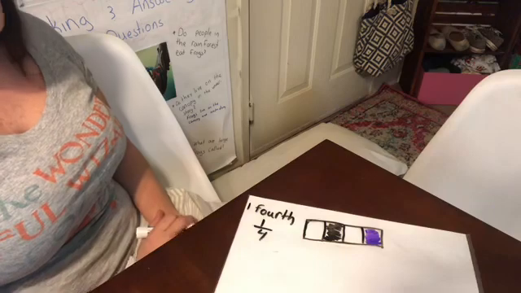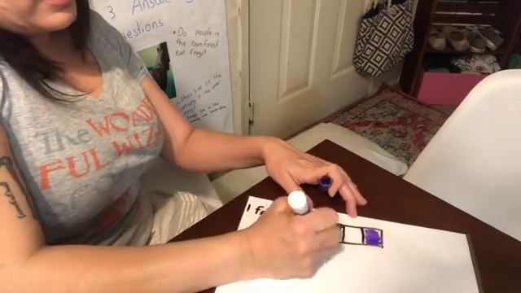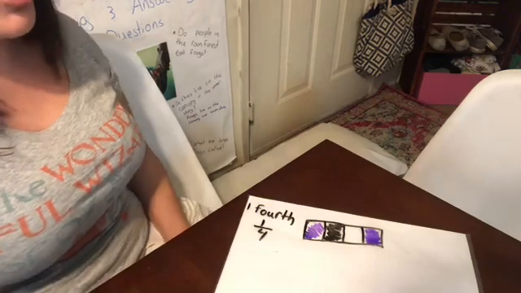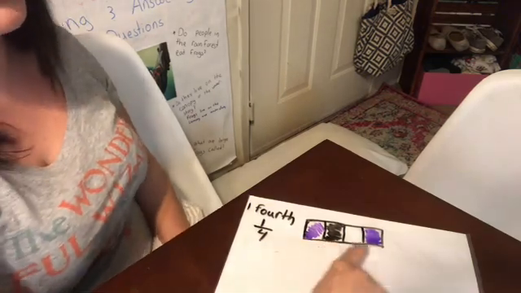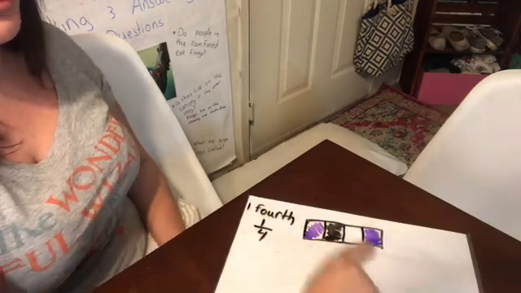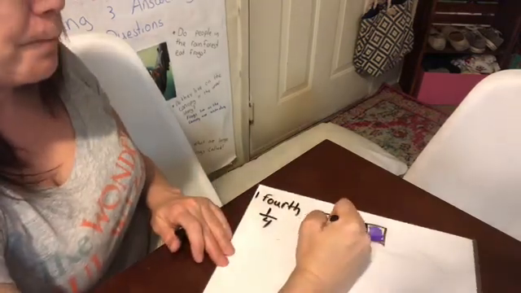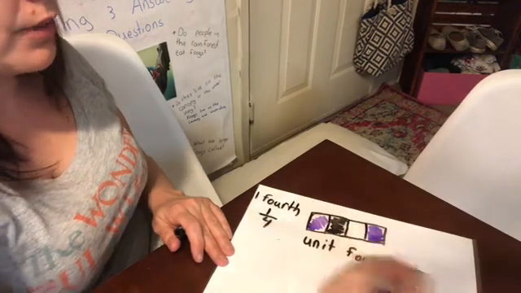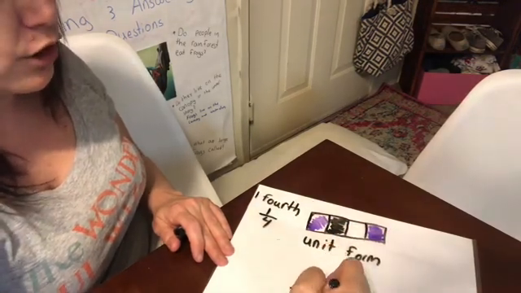There's 1 copy of 1/4, and here's another copy of 1/4. Go ahead and write this new shaded portion of this fraction down in unit form. And once you have done that, please write it down in fraction form.